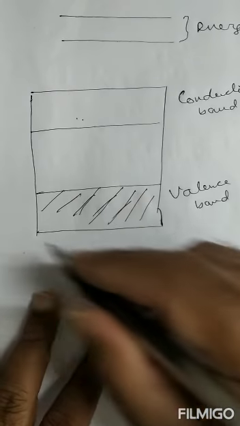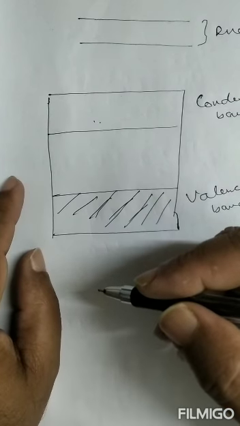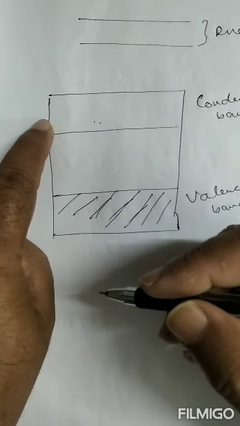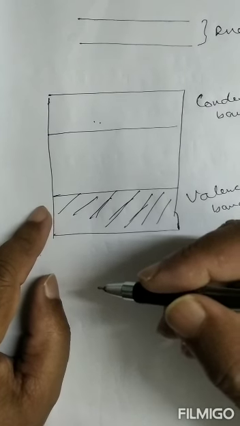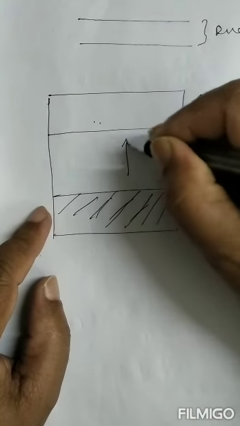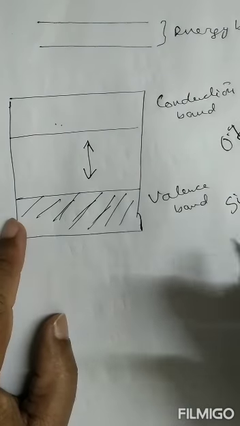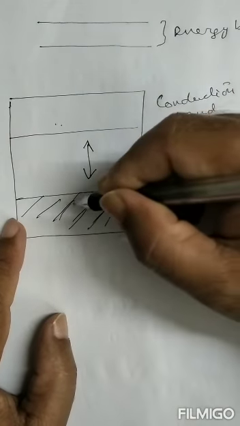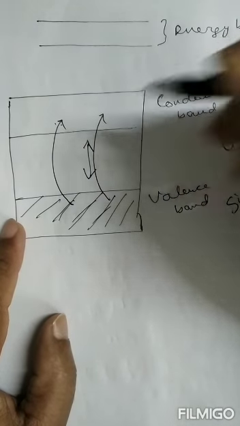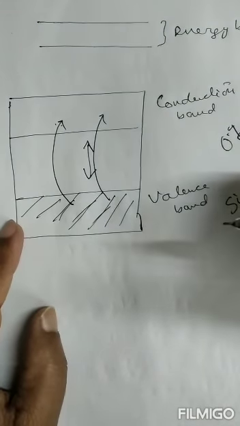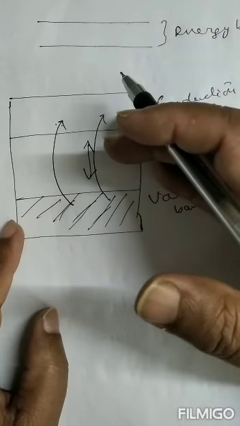That means at very low temperature, at absolute zero, at 0 Kelvin, the conduction band is completely empty and the valence band is completely filled up for a semiconductor. Since this gap is small, either 1 electron volt or less than that, at room temperature some of the electrons absorb thermal energy and make the jump from the valence band to the conduction band.